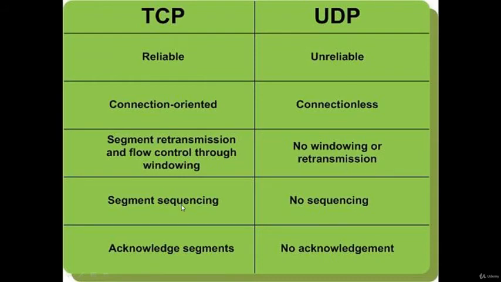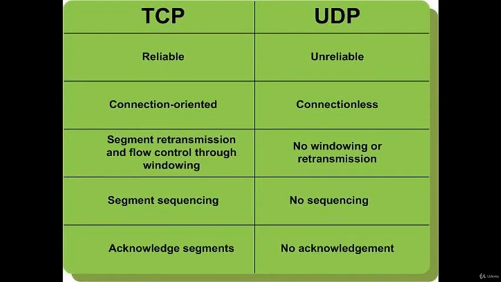TCP has segment sequencing to make sure that we have the right order of the connections, but UDP has no sequencing at all. TCP has acknowledged segments, UDP has no acknowledgement. So UDP is a best effort protocol. Some say it is not best effort, but let's say it is.